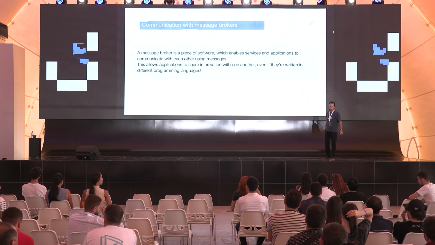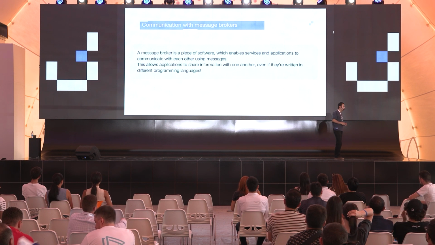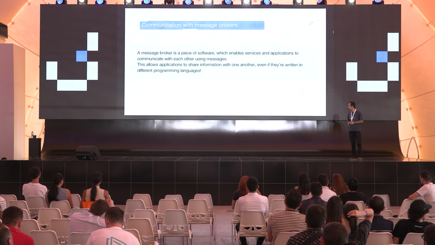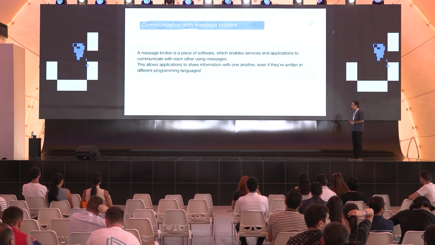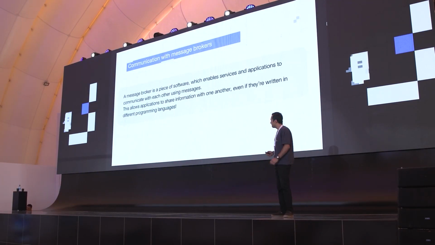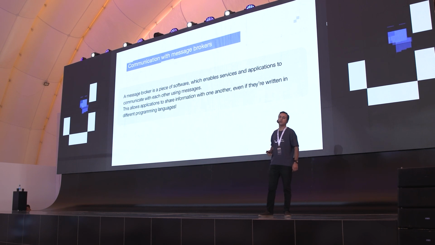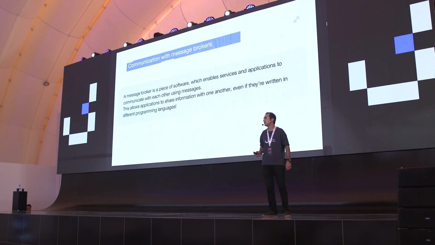As we talked about Apache Kafka and message brokers, now let's see what are message brokers in general. So message broker is a piece of software which enables services and applications to communicate with each other using messages. This allows applications to share information with each other, even if the applications are written in different programming languages.